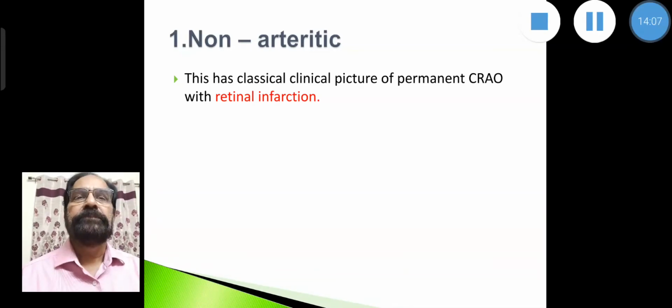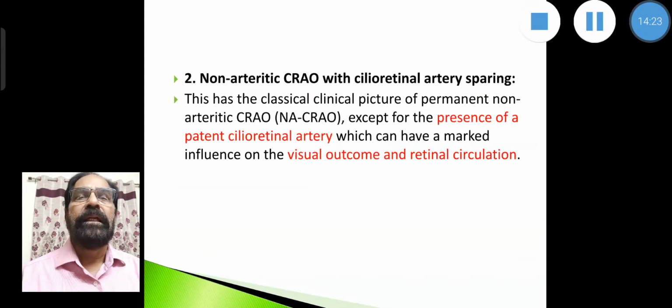Non-arteritic. This has the classical clinical picture of permanent central retinal artery occlusion with retinal infarction. Then non-arteritic central retinal artery occlusion with cilio-retinal artery sparing.